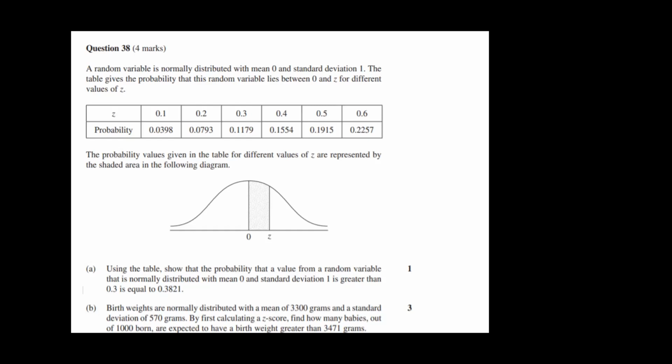Some did what was intended, I believe, from the question, which was, well, it's a half, take away the part that's shaded, being 0.1179, to give the answer. But a lot of them used the concept of the 68, 95, 99.7, trying to make that work somewhere. They used a whole lot of stuff and just had no idea how to get the answer to that part. But they did actually have a go.